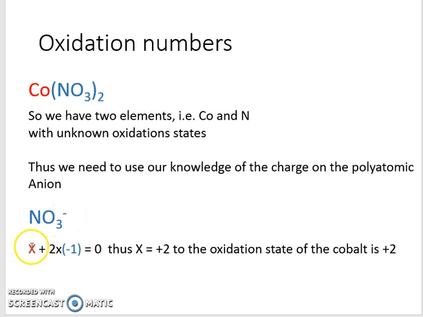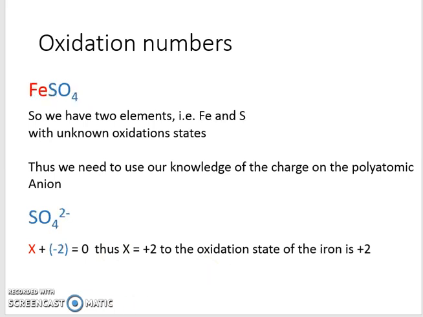X is the unknown, that's your cobalt, and it's 2 times the nitrate, 2 times -1. This whole salt is neutral, it's got no charge, so therefore it is equal to 0. Now we can solve for X, and the oxidation state of the cobalt is +2.